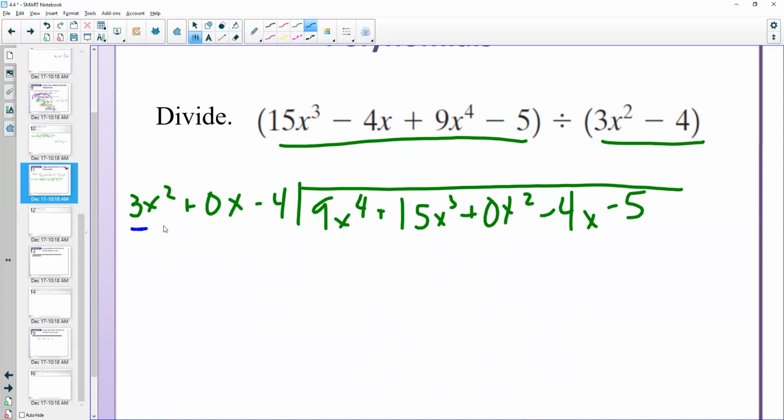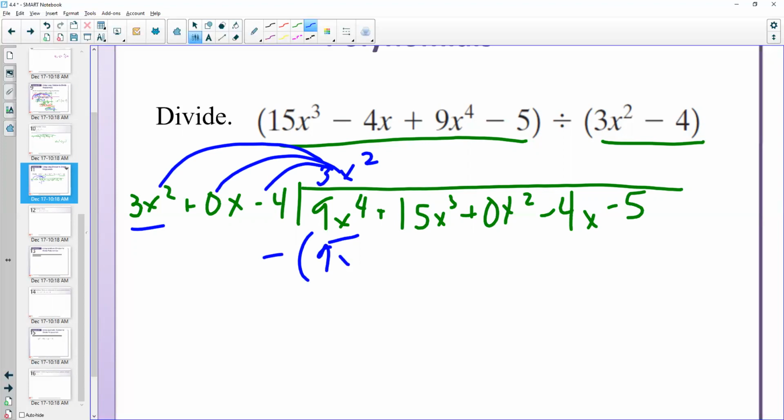So I want to turn 3x squared into 9x to the 4th. I'm going to multiply by 3x squared. And then I'm going to distribute to each term. So minus 9x to the 4th. Times 0 just gives me 0x cubed. Minus times negative 4 gets me minus 12x squared.